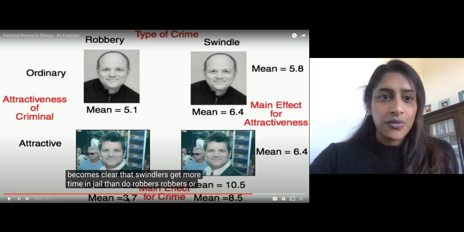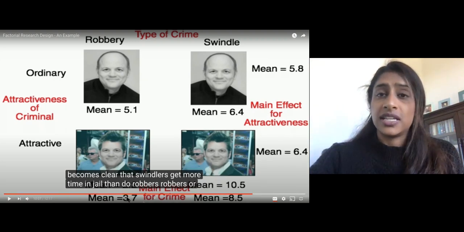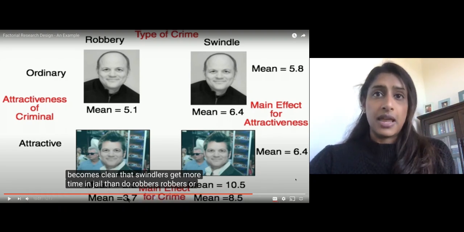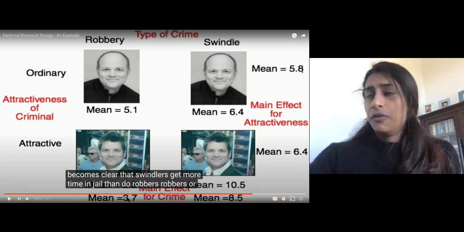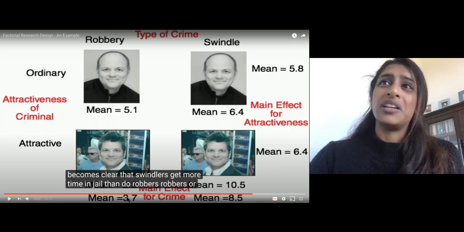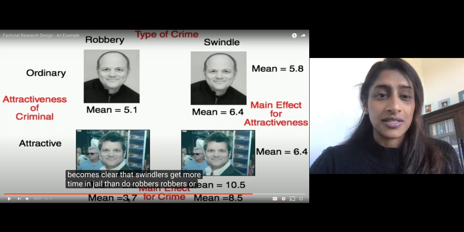So how do we know if we have a main effect? We have to look at the difference between these numbers. In this case, these numbers are pretty different, so we would say there is a main effect for crime. If we look at this, they seem to be pretty similar, so we might not think that there's a main effect for attractiveness.